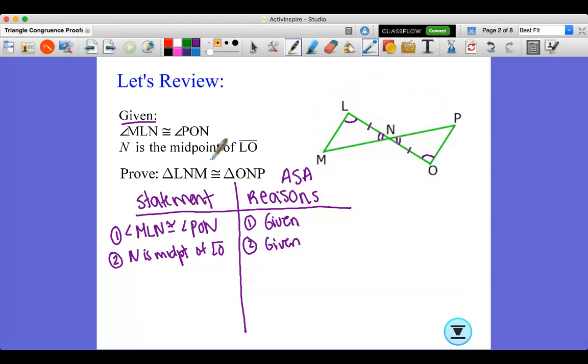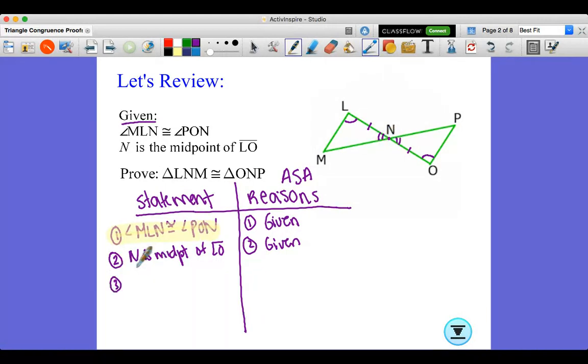So what did this allow me to say? I'm going to highlight one thing. When I just spoke about it above, before I wrote any of this down, I marked these two parts congruent, right? If N is the middle of LO, it's going to cut something in half.